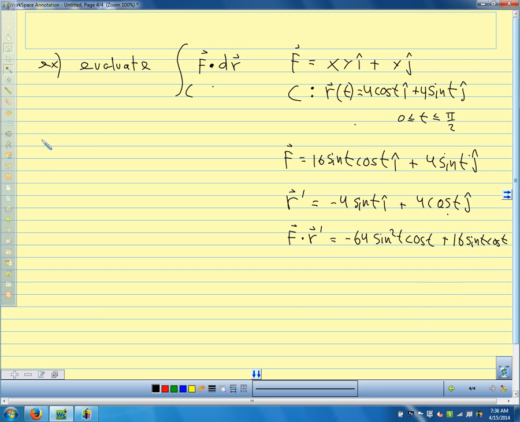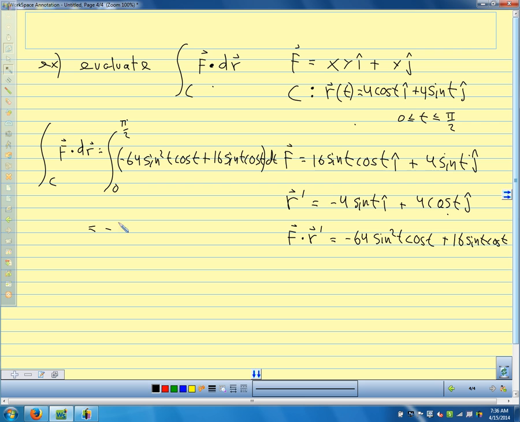So our line integral, integral c of f dot dr, is going to be the integral from 0 to pi over 2 of this quantity: minus 64 sine squared t cosine t plus 16 sine t cosine t dt. And our integrand sets us up nicely, we have nice easy integrals.